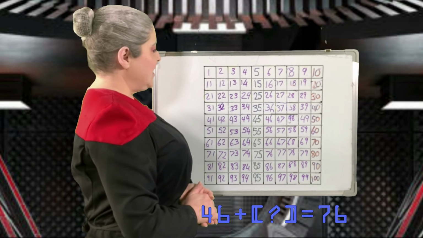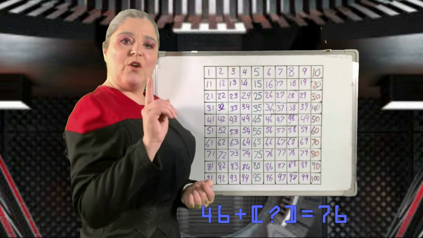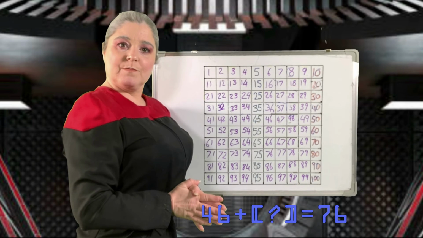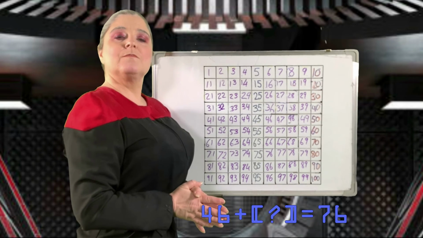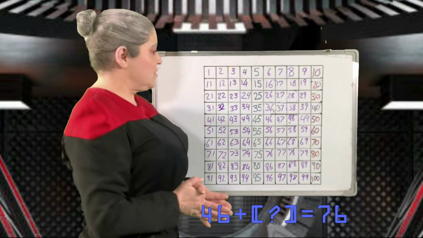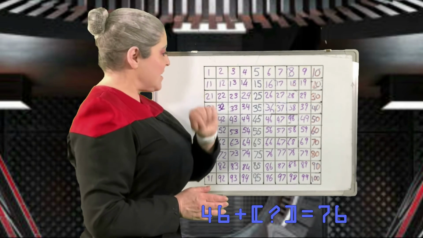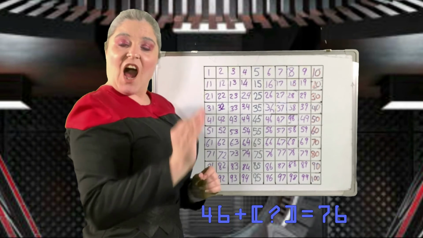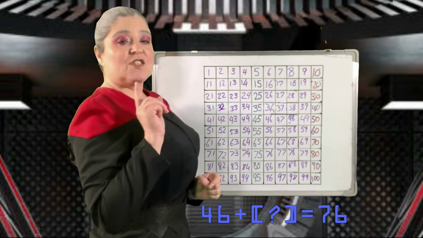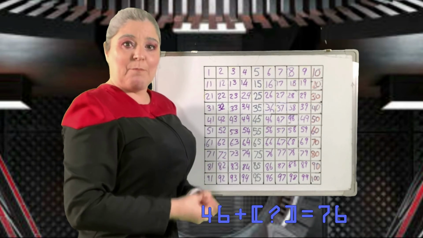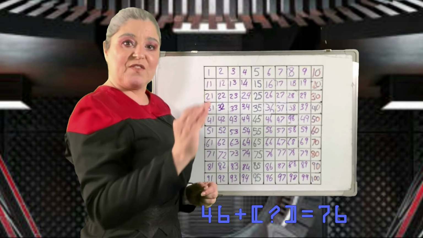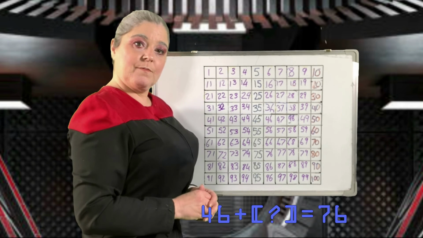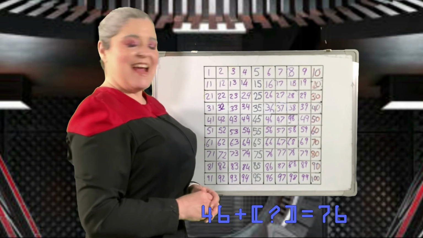Good. Now, how would you work that sum out? Very good. You've noticed that 46 and 76 are right under each other on the number square, so that means that the missing number is a multiple of 10. Yes, very good.